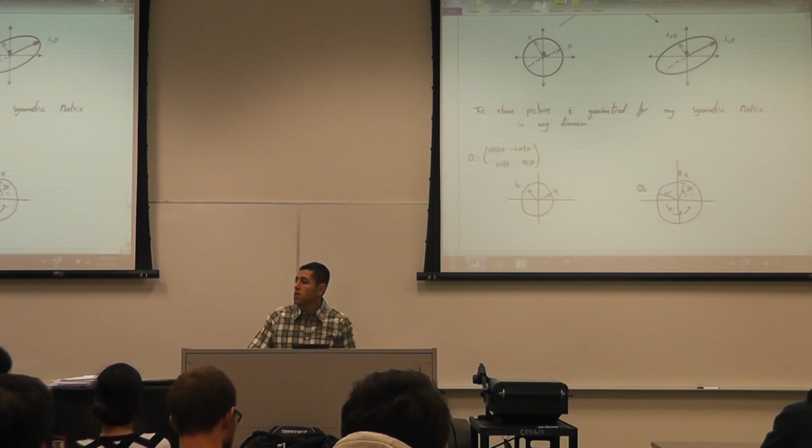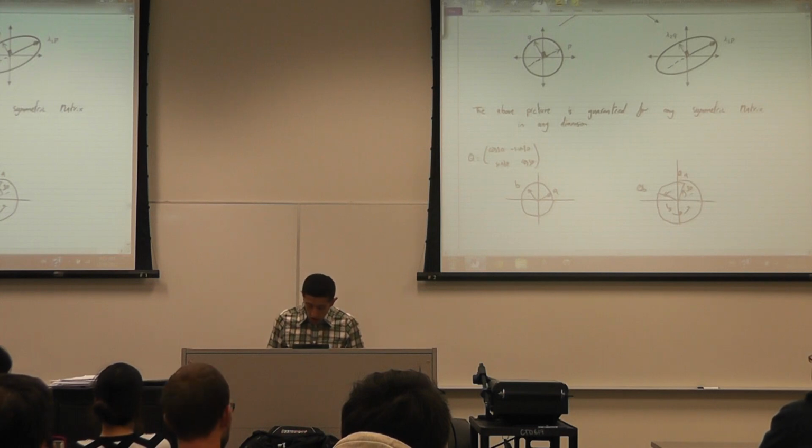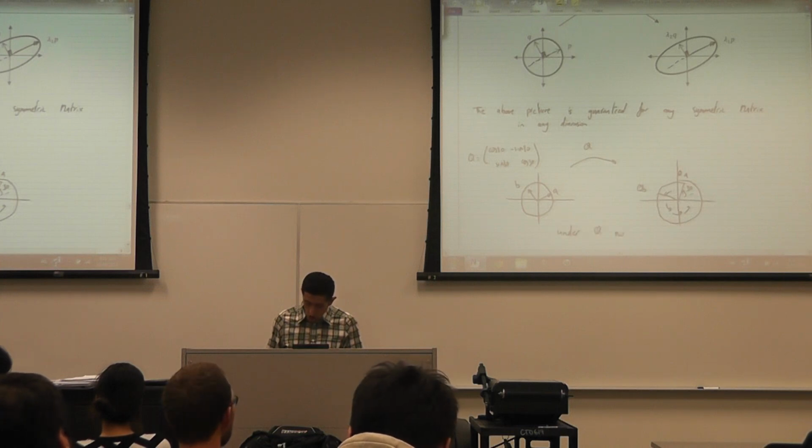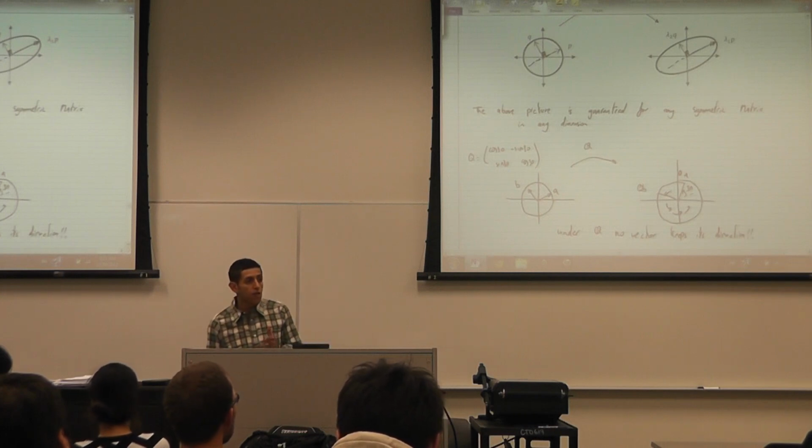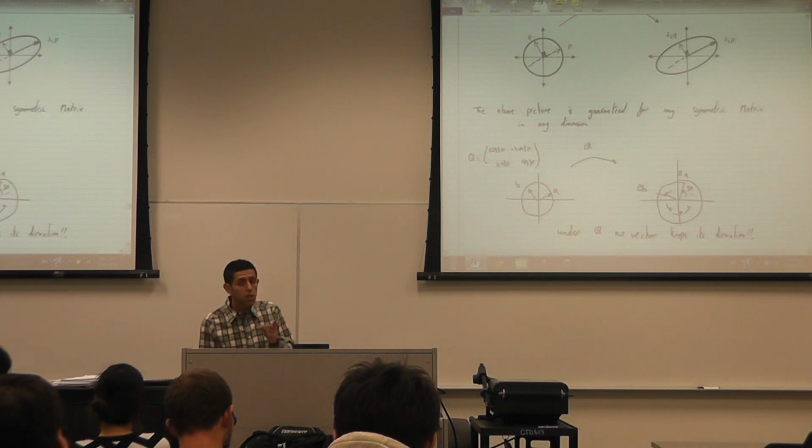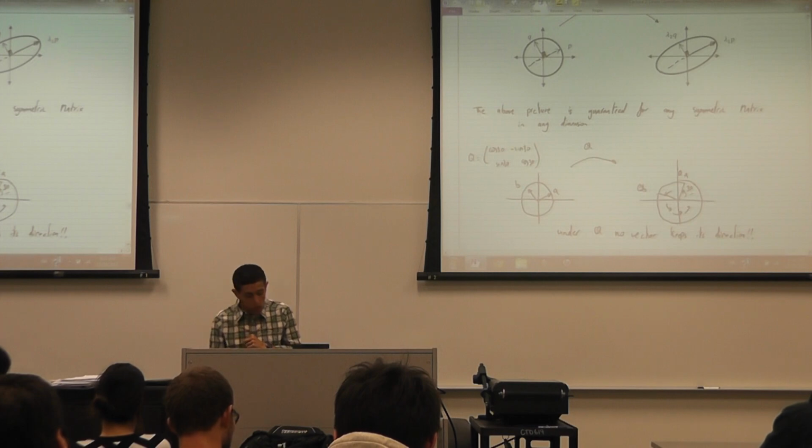No vector keeps its direction under the effect of Q. But under the effect of S, if S is symmetric, I'm guaranteed two directions that are perpendicular to each other to keep their direction after the effect of S.